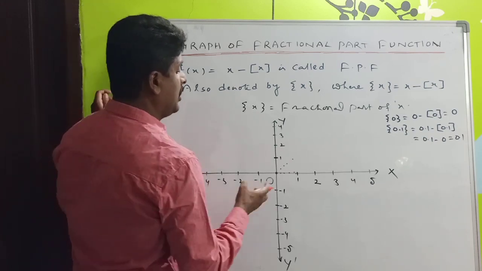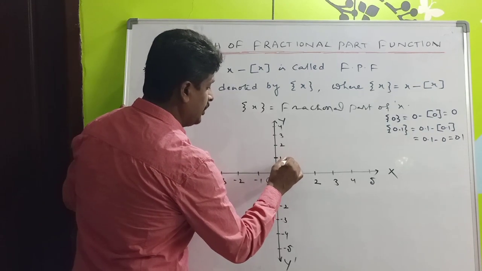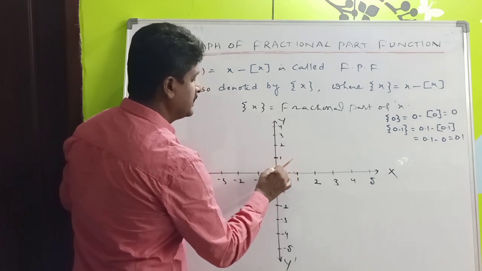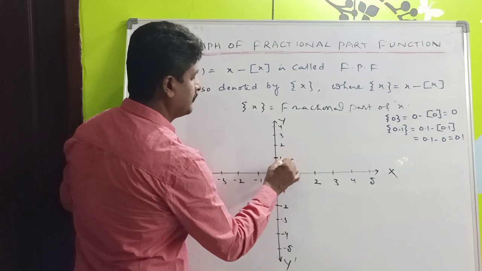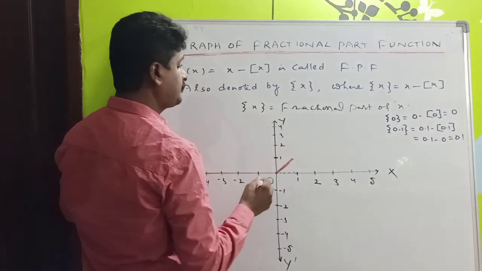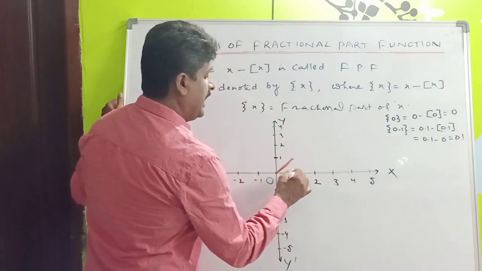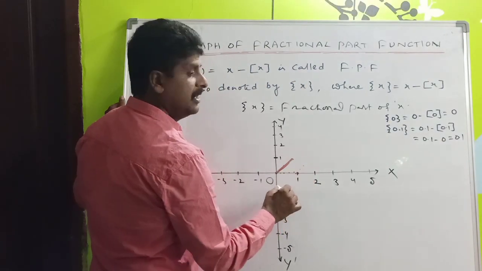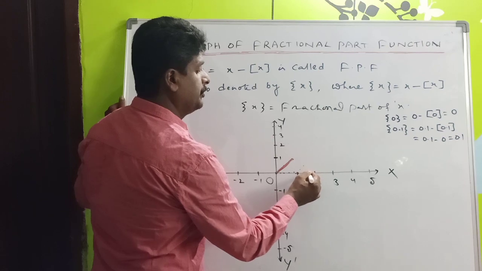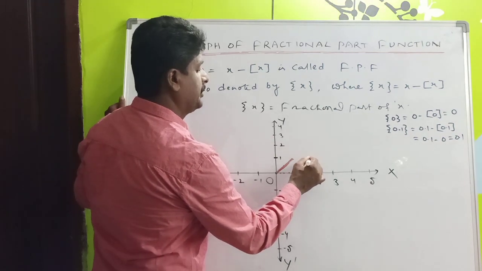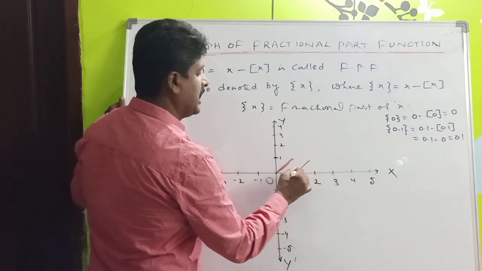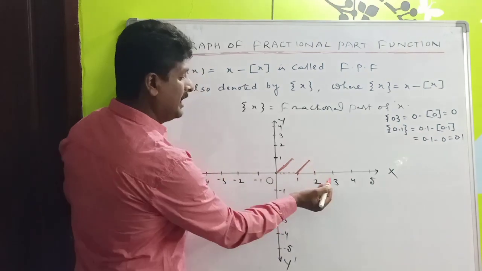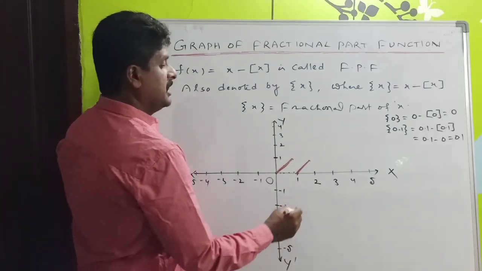Now the graph between 0 and 1, from 0 to the left side of 1, is this. Thereafter, at 1 it is 0, at 1.1 it is 0.1, at 1.2 it is 0.2, at 1.9 it is 0.9. So this is the graph from 1 to the left side of 2.